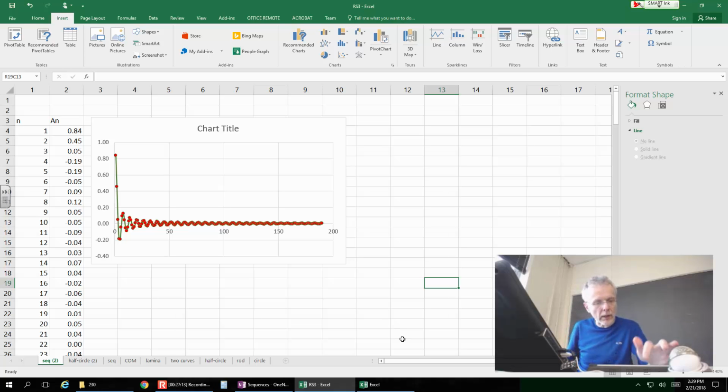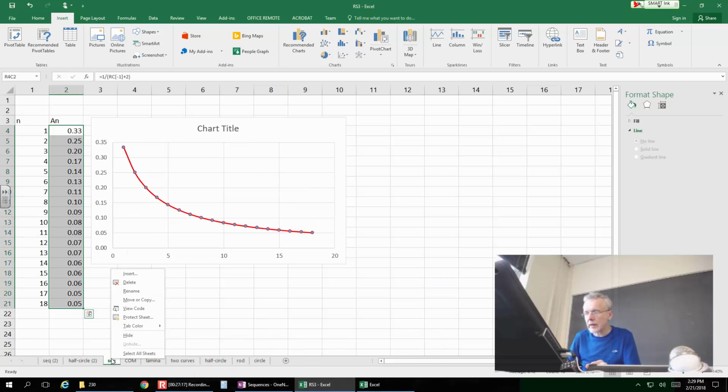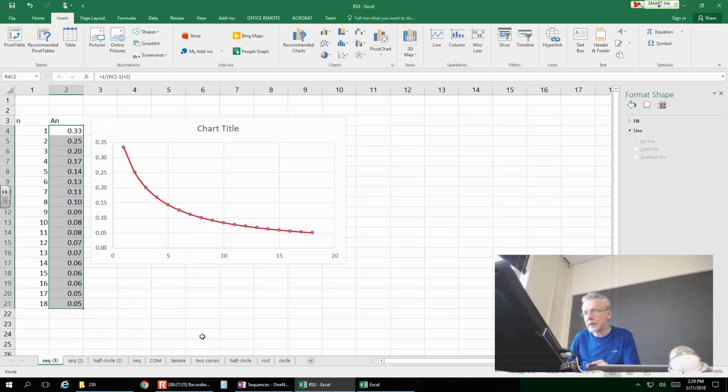Okay, so there are more sequences, but what I want to do instead is look at a different way of representing sequences, and that is recursive. Anybody familiar with the idea of recursion? So what is it?